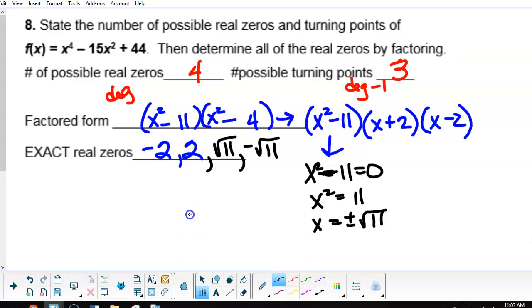How could you check? Could you graph it and make sure there were 4 places that it crossed at, and 2 of them should be goofy decimals, and 2 of them should be 2 and negative 2? But if you give me goofy decimals, I'm not going to give you credit, because it says they have to be exact.